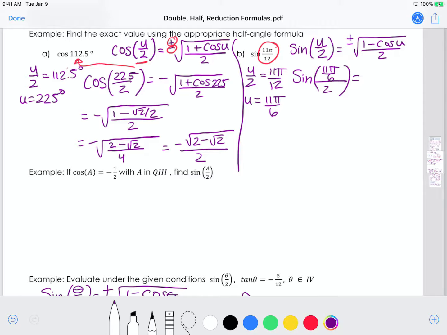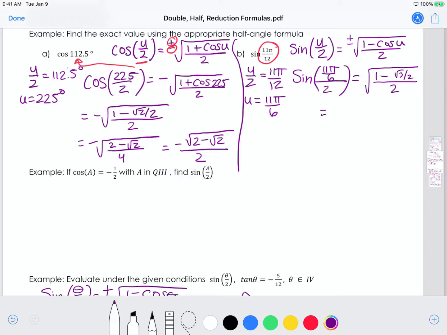In quadrant 2, sine is positive, so I want to make sure that I use the positive square root. Then I want to take 1 minus the cosine of 11 pi over 6. And the cosine of 11 pi over 6 is the square root of 3 over 2. And that's all over 2.